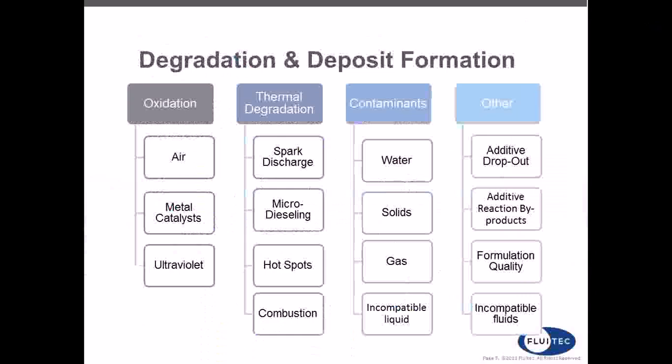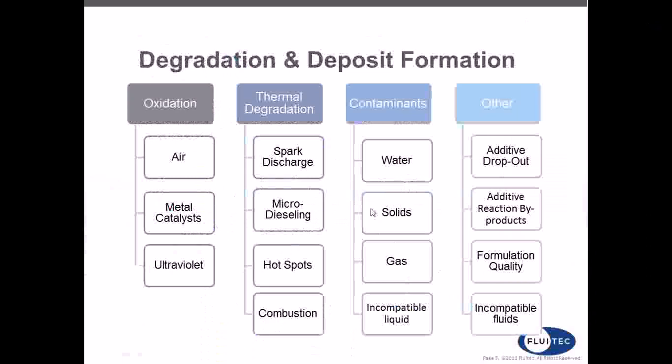We've seen a fairly major trend to switch from an API Group 1 solvent refined base stock to a more highly refined hydro-treated base stock with far fewer impurities. But when you remove some of these impurities, you make the oil more non-conductive and more prone to spark discharge. So this is one form of thermal degradation to be aware of.